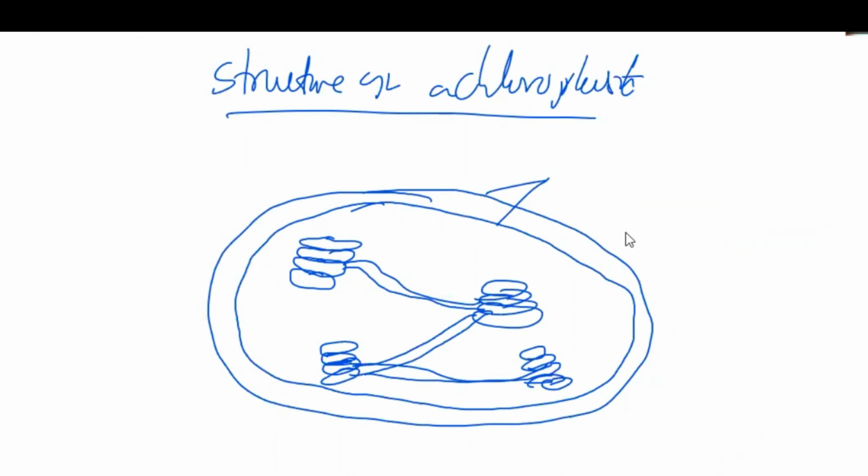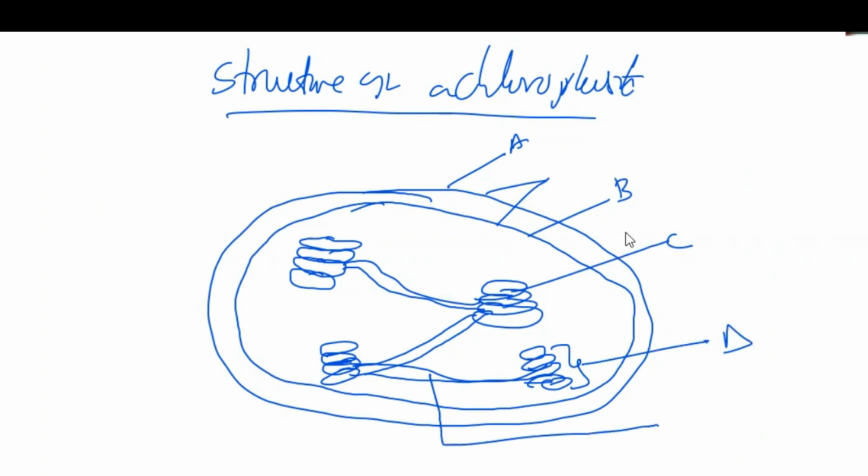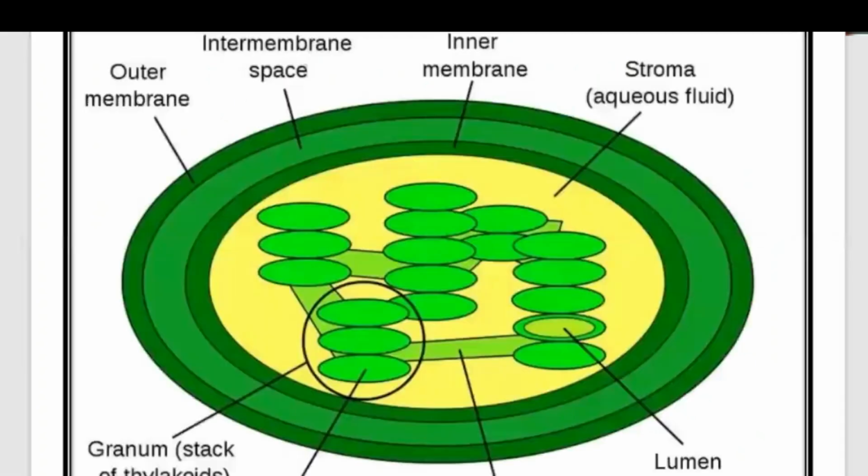So when you are asked what is A, what is B, what is C, how do you call the collection of these sacs, what is D, and how do you call these, that is E. So that's what we are looking at here.